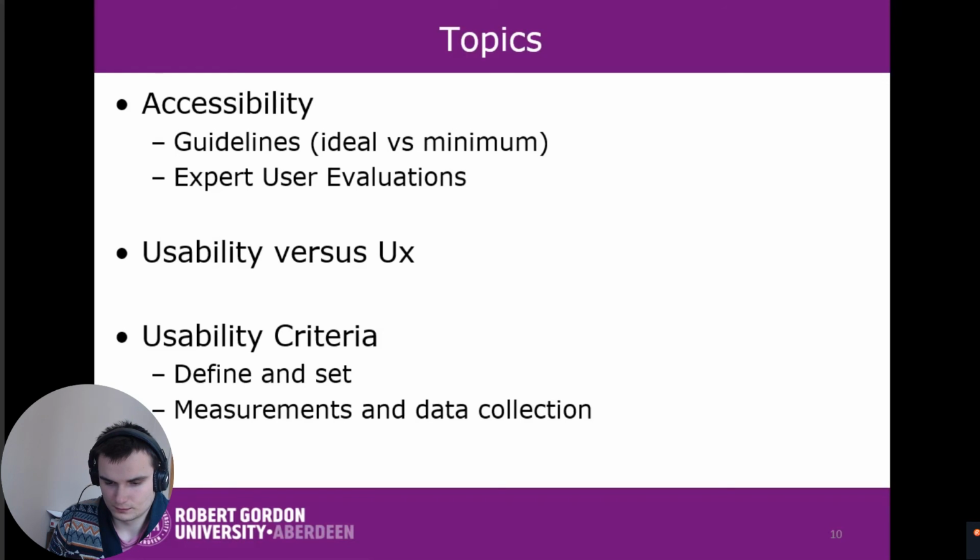So we have a sort of minimum guidelines from W3C, which you've got a copy of now, and then you need to know how these are best applied in your own domains, if you like, and that's usually best done by expert user evaluations. There's a lot of accessibility work done by automation, and you can do that for free.